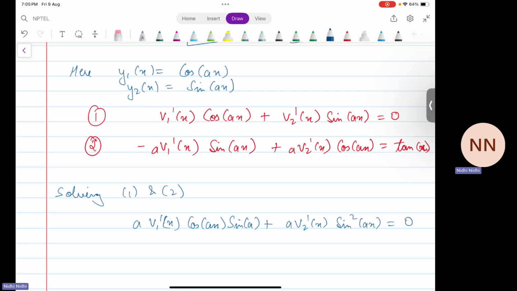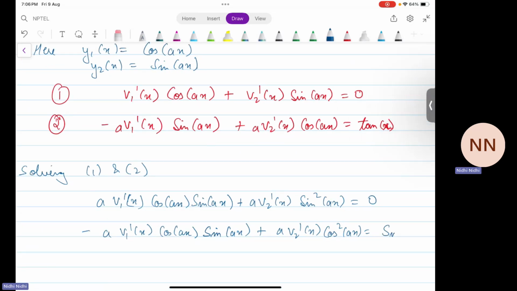And now multiplying the second equation by cos ax, we get minus a v1 dash(x) cos ax sin ax plus a v2 dash(x) cos square ax is equal to, now tan x is basically sin x by cos x, and multiplying it by cos x, the cos x gets cancelled out, and we are left with sin x.